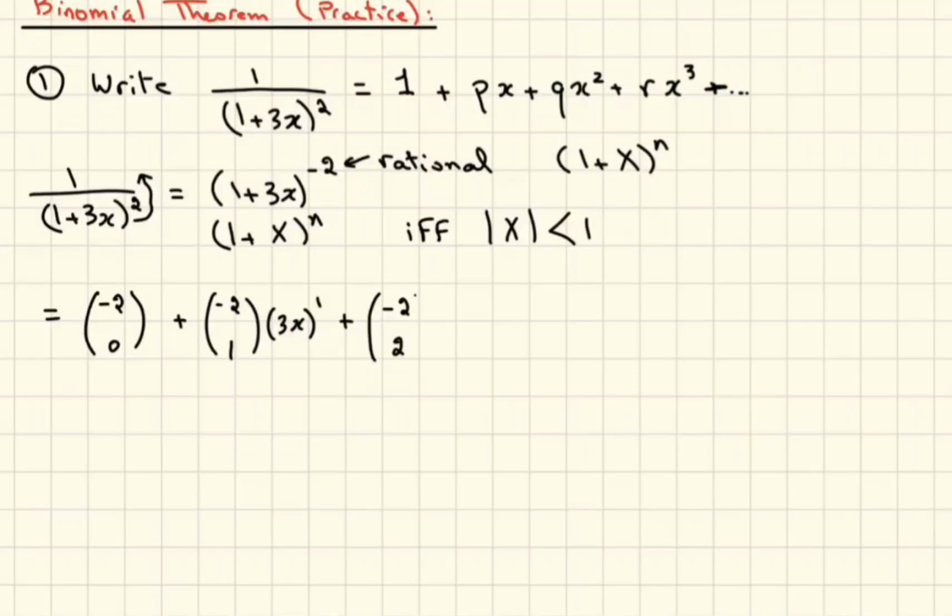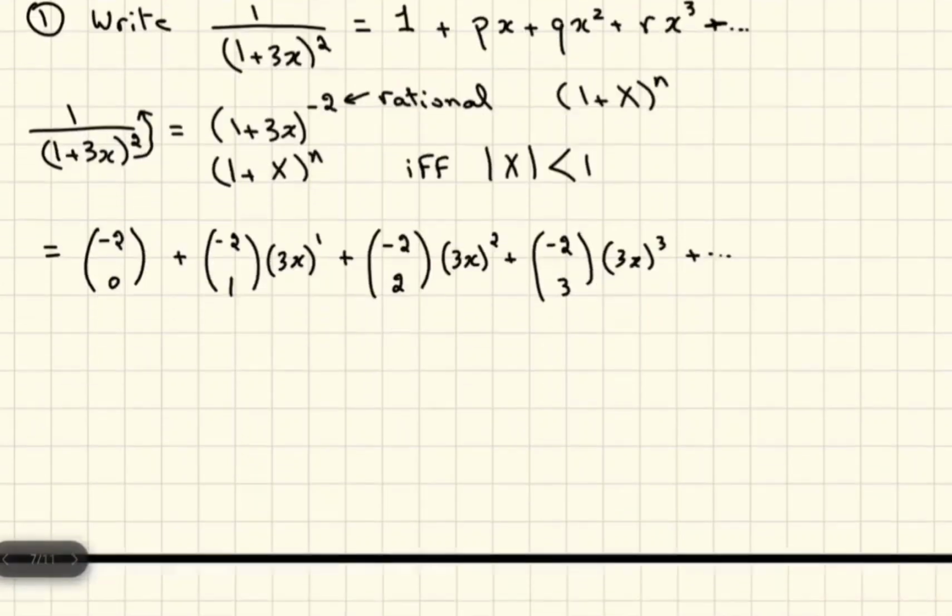Then minus 2c2, big X exponent 2, so 3x exponent 2. And I need to keep going till I reach x cubed. So minus 2c3, 3x exponent 3. For sure, as I said, we have more terms.